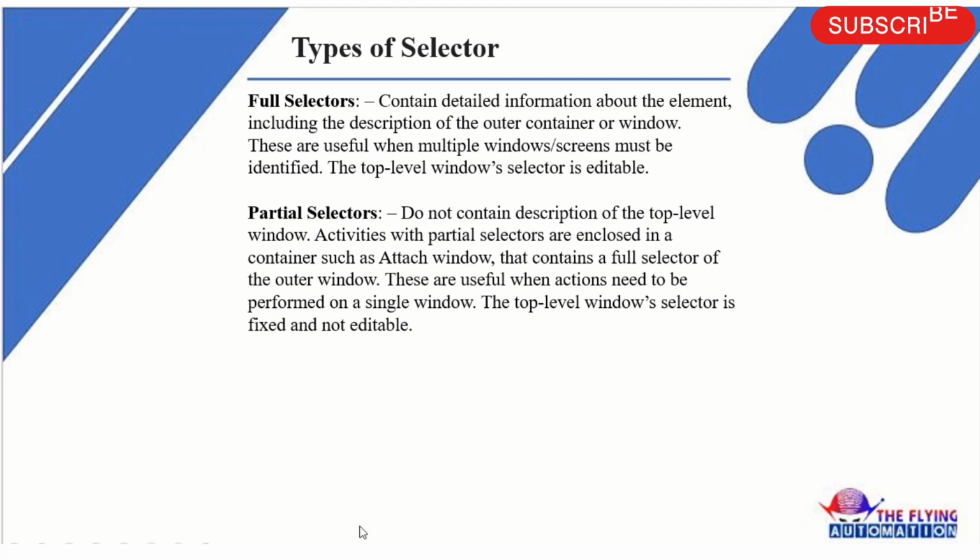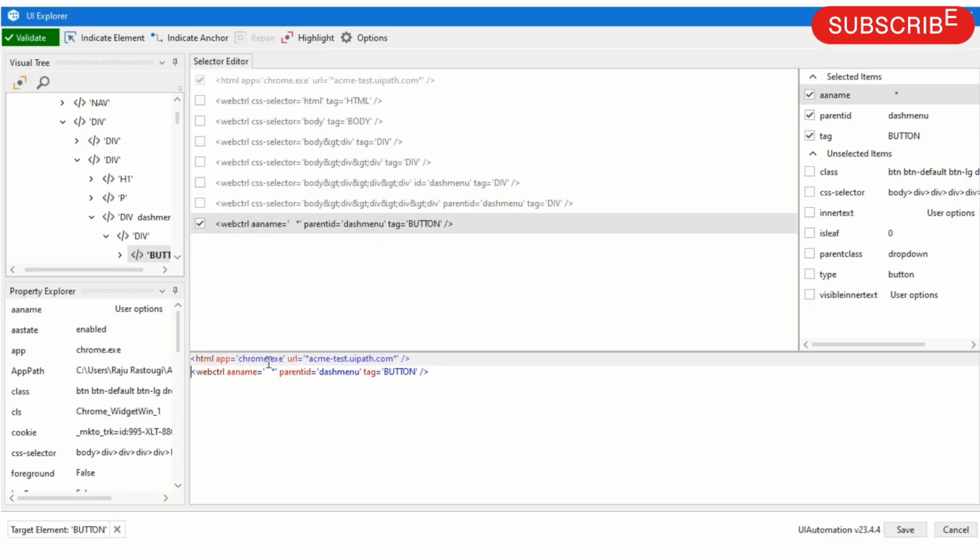So we'll show you. You can see here at the top, we cannot edit this because this is not editable. So this selector is a partial selector. You can see the example here.